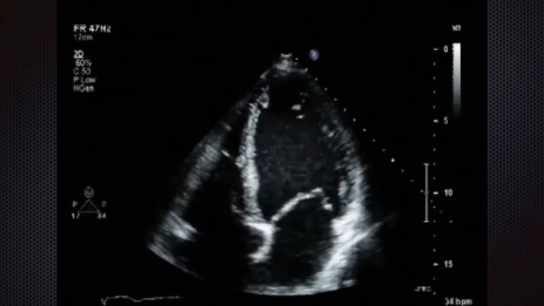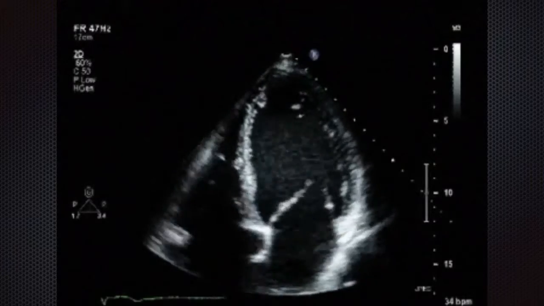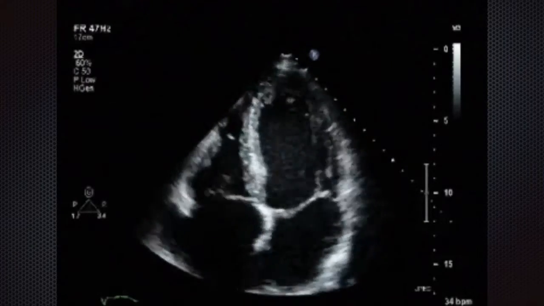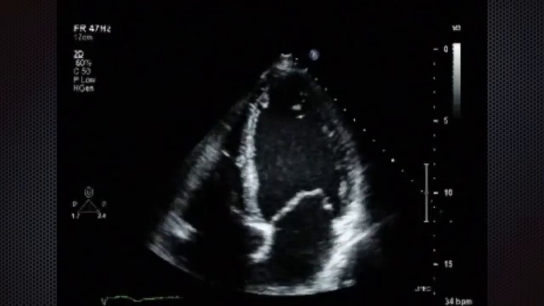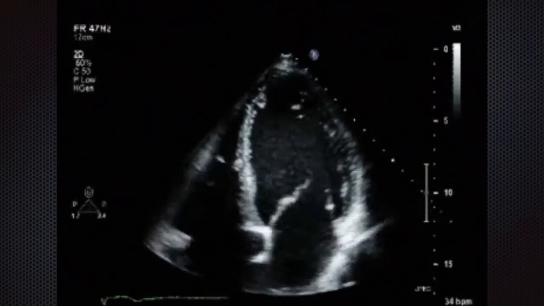Same thing again, the left ventricular wall seen on the left is the septum going up to the apex, and then the lateral wall on the right.